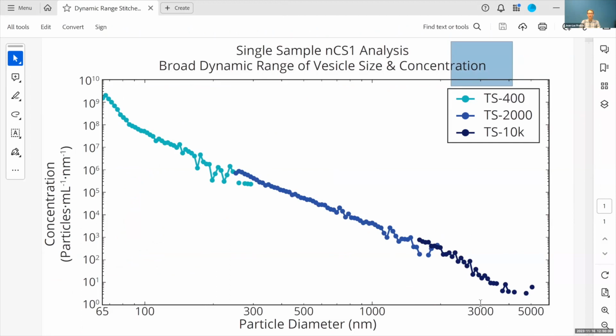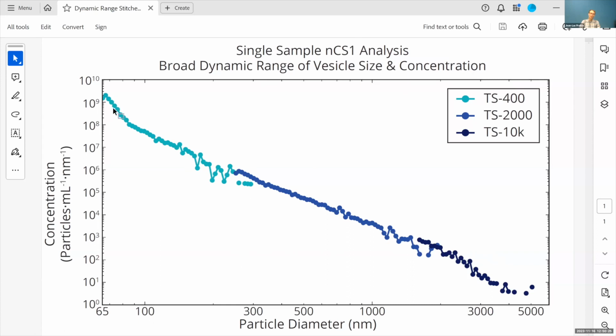This is a measurement of an LNP sample, actually, just on the NCS1, but it demonstrates how the measurements from different size cartridges just stitch together. We're measuring different portions of the same particle size distribution. So this shows the measurement of a single sample in 3 different cartridge sizes, where we're sampling different size ranges.